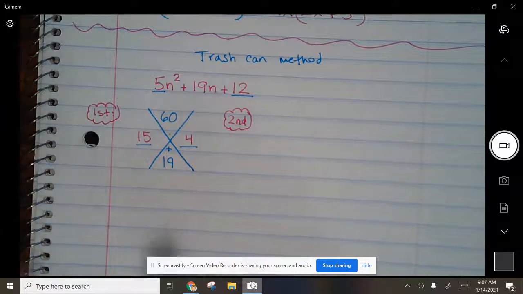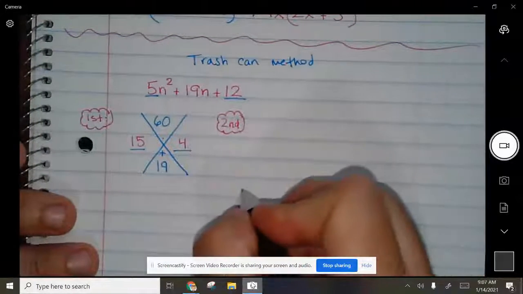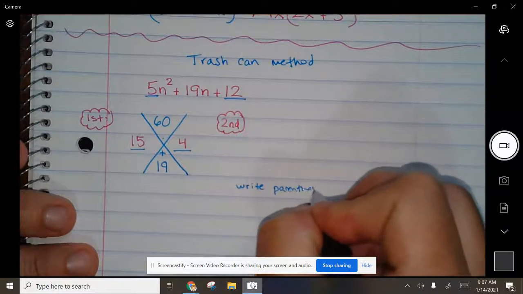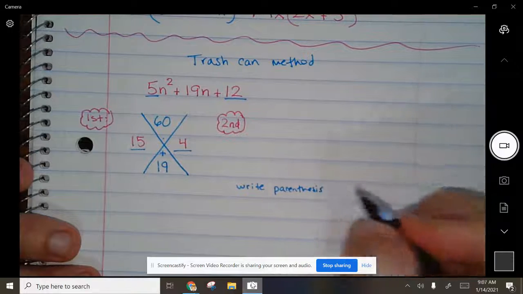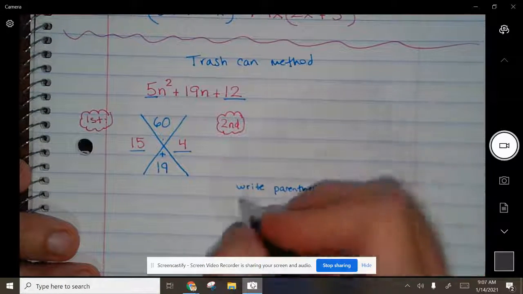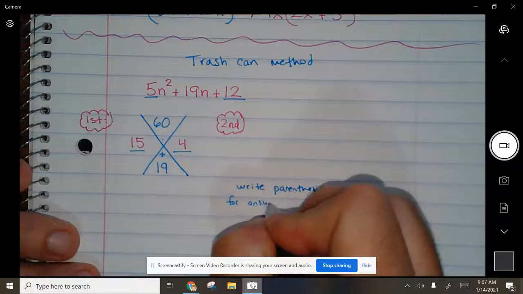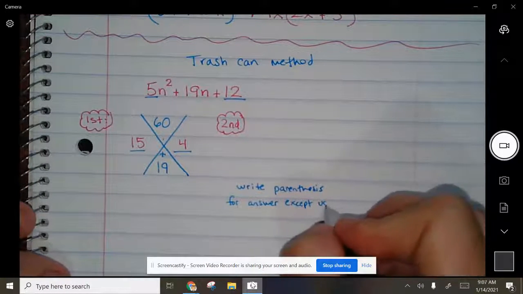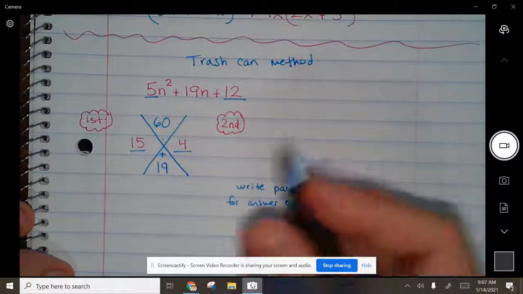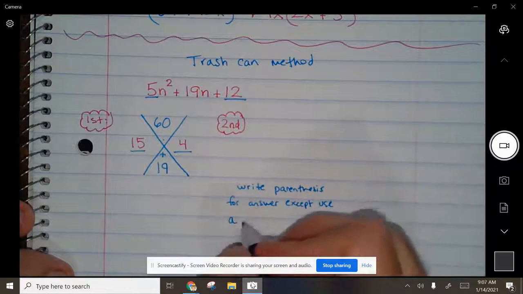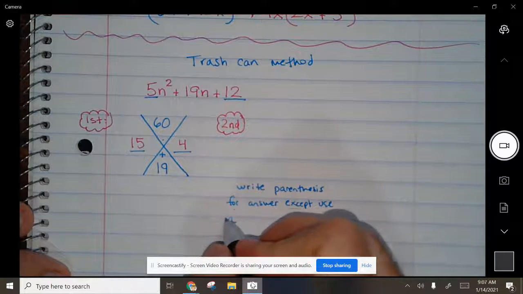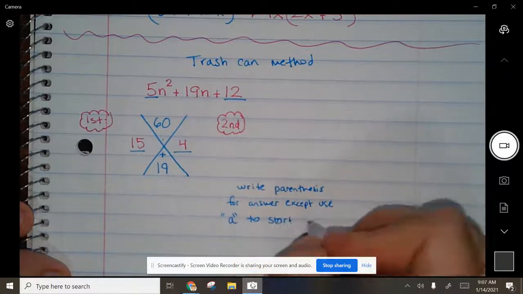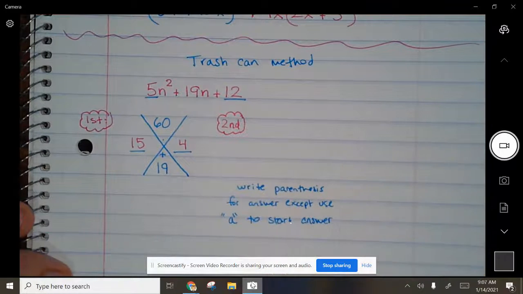I'm going to write this down here. This is your notes, basically, so I would write this down. Write parentheses for answer, except use a, your coefficient a, to start the answer.